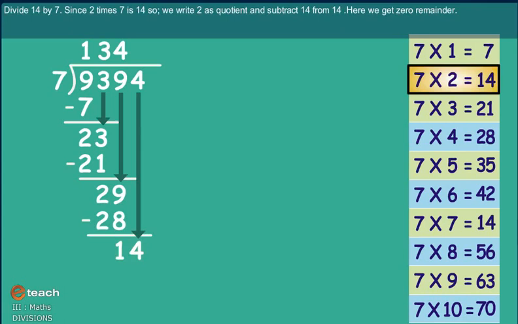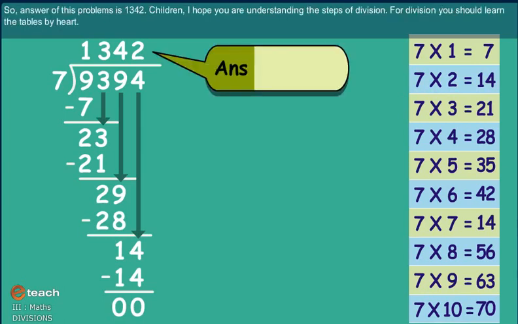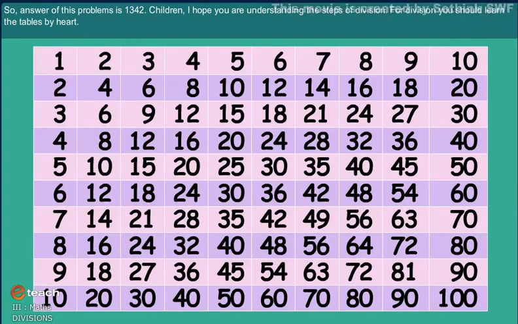Since 2 times 7 is 14, we write 2 as quotient and subtract 14 from 14. There we get 0 remainder. So, answer of this problem is 1, 3, 4, 2. Children, I hope you are understanding the steps of division. For division, you should learn table by heart.